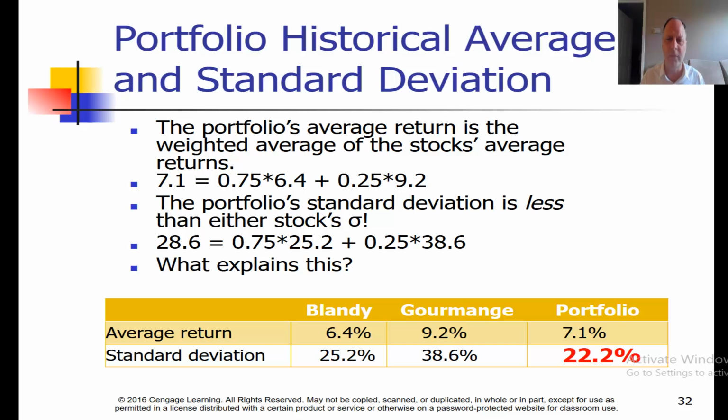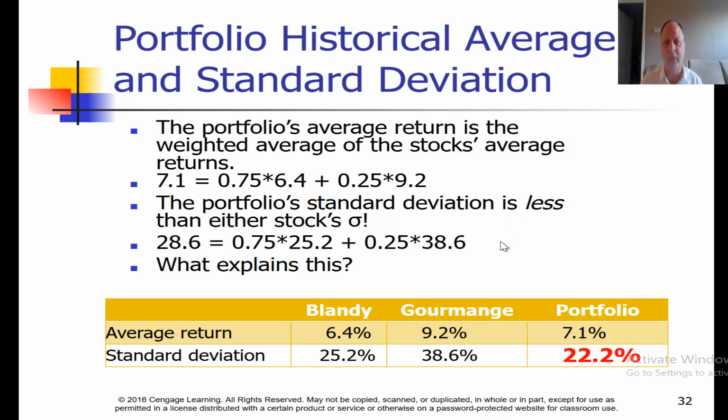So after we do our calculations, we find that the portfolio's rate of return is 7.1%, and its standard deviation is 22.2%. Now, the rate of return is a weighted average of the rate of return of both stocks: 0.75 times 6.4 plus 0.25 times 9.2 gives us 7.1.